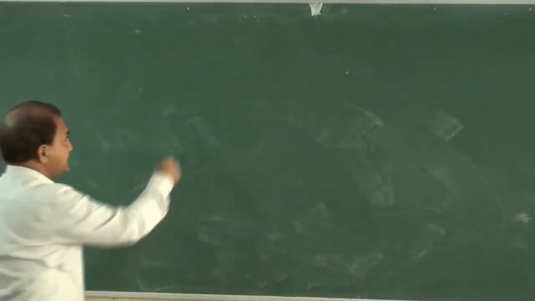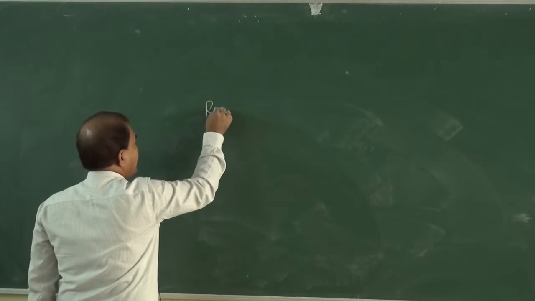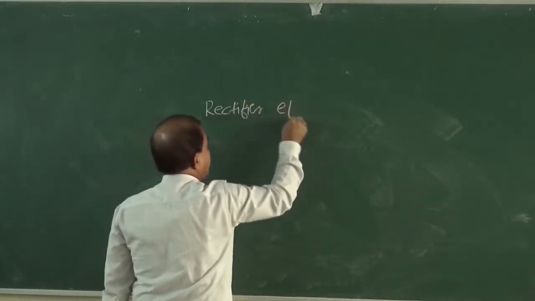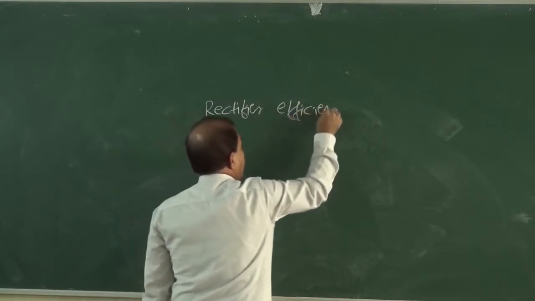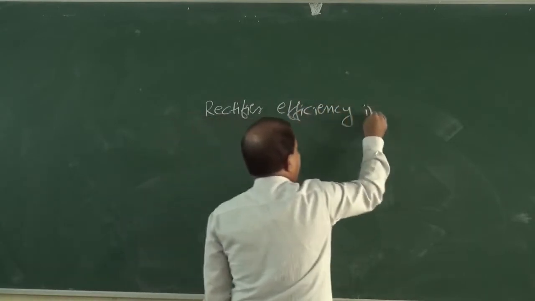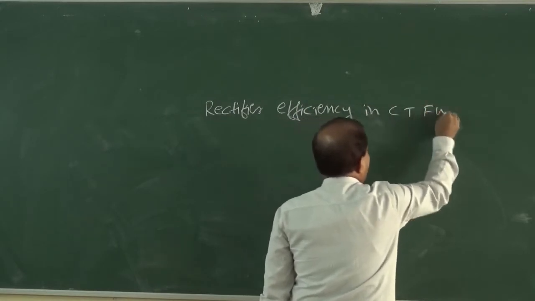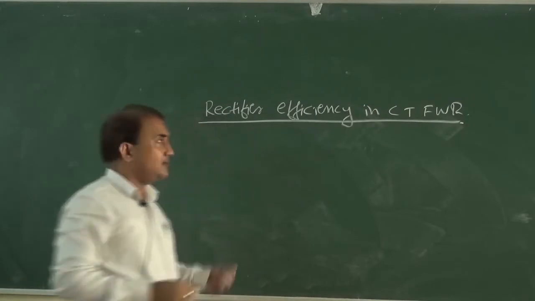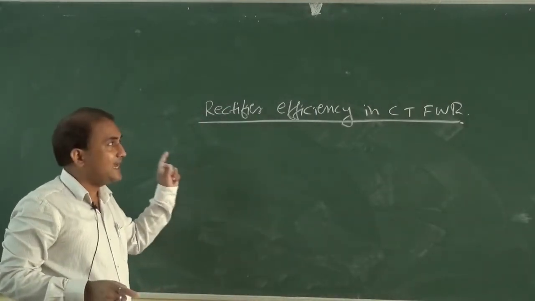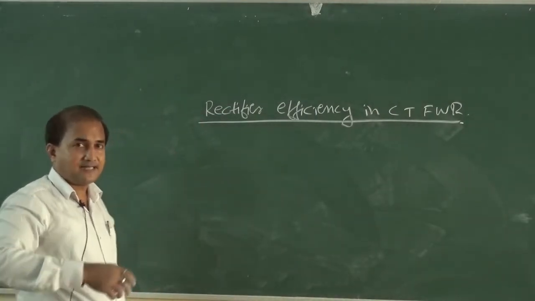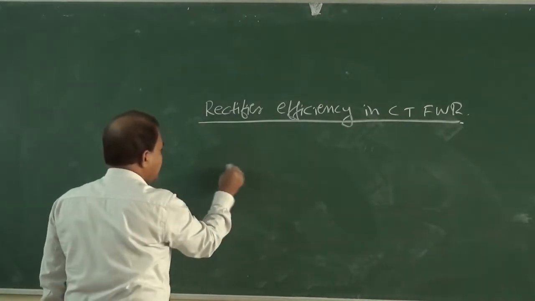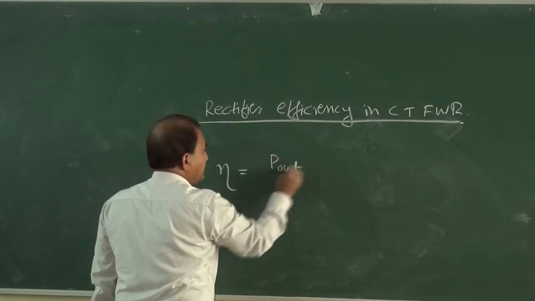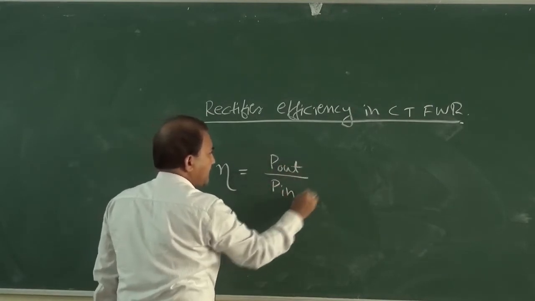Now, how can we calculate the rectifier efficiency in a center tap full wave rectifier circuit? Just like the previous one, efficiency is equal to P out divided by P in.